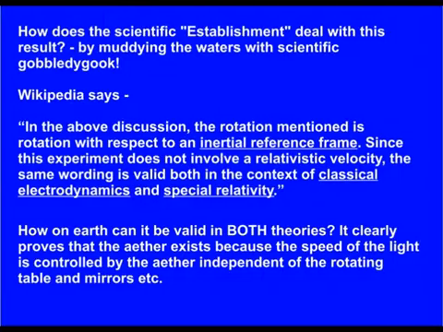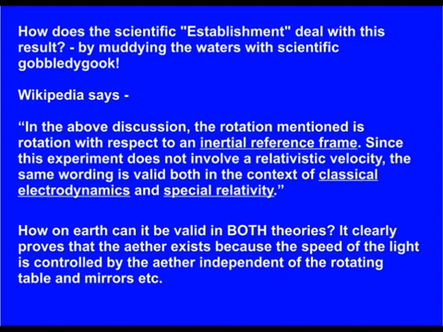How does the scientific establishment deal with this result? By muddying the waters with scientific gobbledygook. Wikipedia says, "In the above discussion, the rotation mentioned is a rotation with respect to an inertial reference frame.